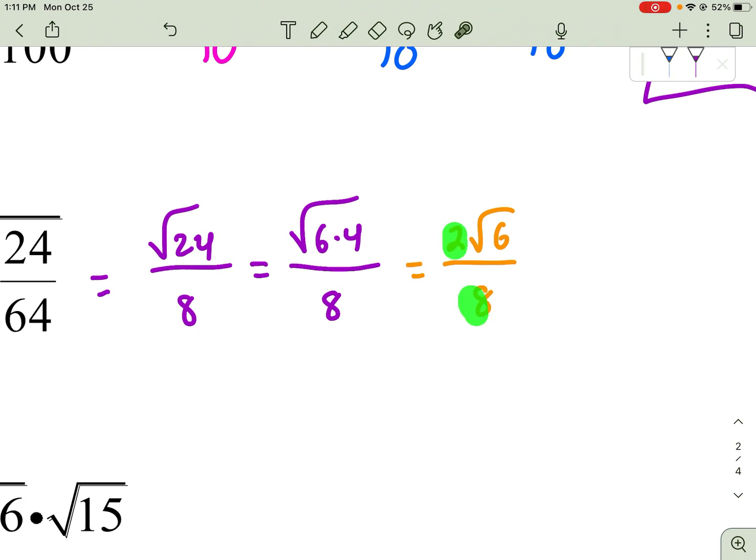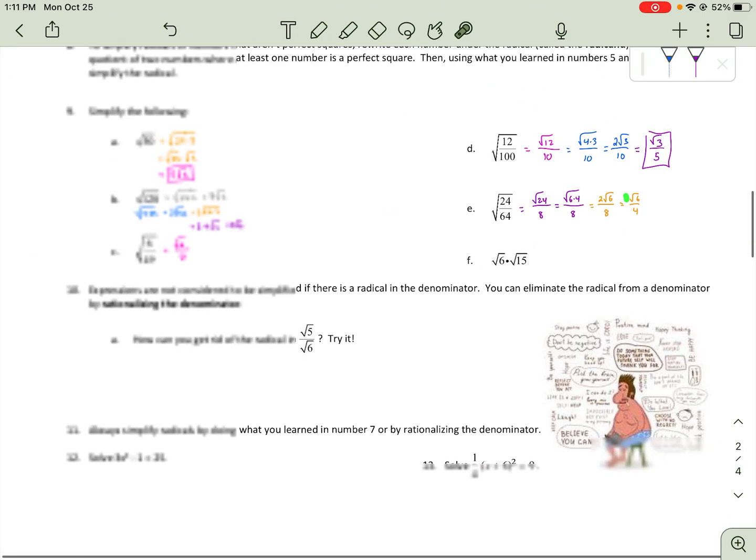And then again, we can reduce the 2 and the 8 to 1 and 4. And you get that. You won't always have a 1 here. Sometimes, if this was a 6 to begin with, then 6 over 8 would be 3/4. You would have a 3 right here. So it's not always going to be a 1.